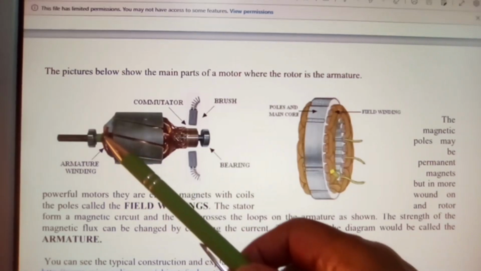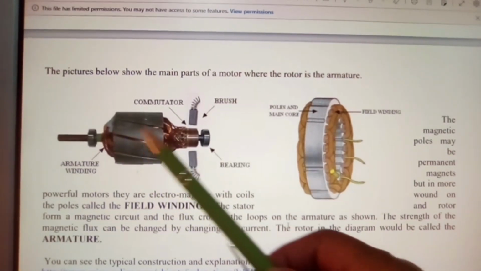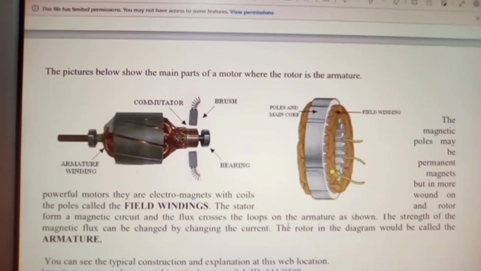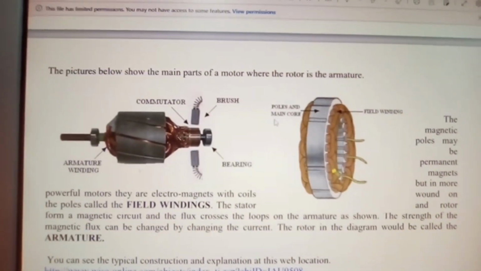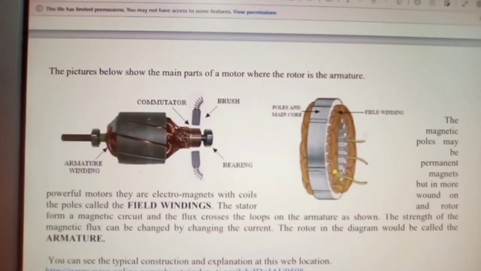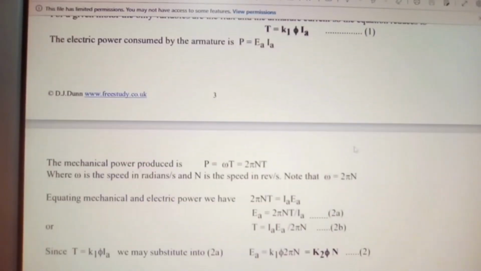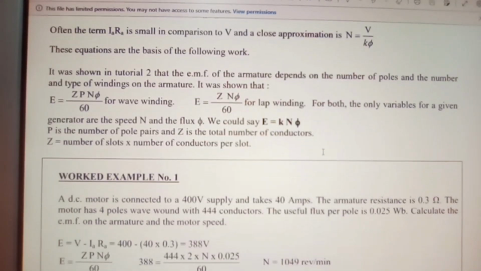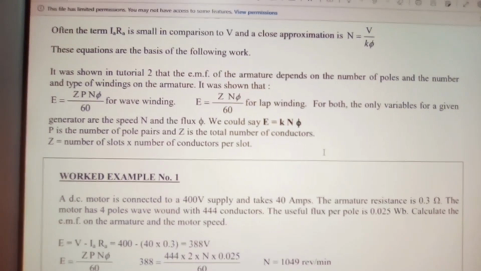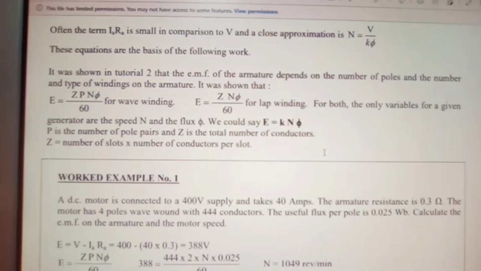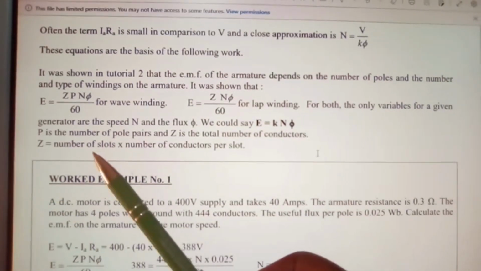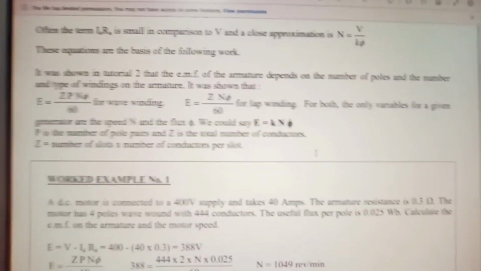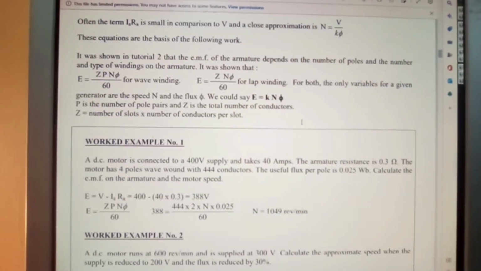So each slot will have so many, maybe 10 windings or whatever, or more in many cases. Keeping this in mind, let me just go back a bit so we make sure we get it all in view.